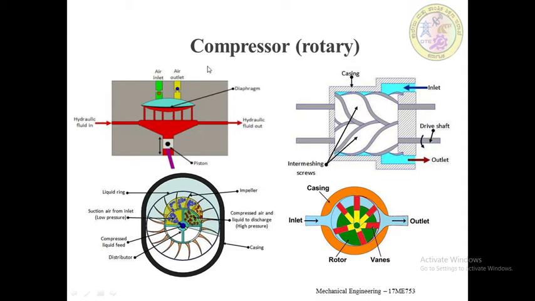And then this is what the screw compressor is. The piston compressors and the diaphragm compressors are used in very low pressure applications, and the screw compressors are used in high pressure applications. Relatively low volume of air is needed.